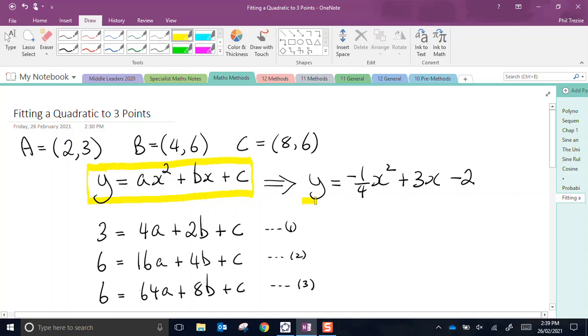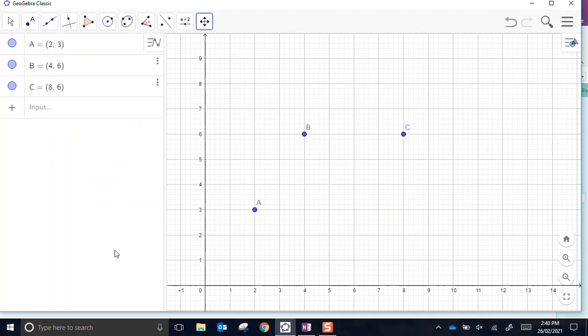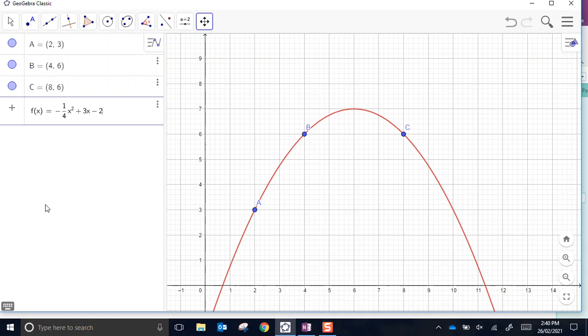There's my formula that I think will do a good job of modelling those points. Let's just bring GeoGebra back for a moment, and let's type that function here. Let's go f of x equals negative 1 over 4 by x squared, then b was positive 3 times x, and c was minus 2.